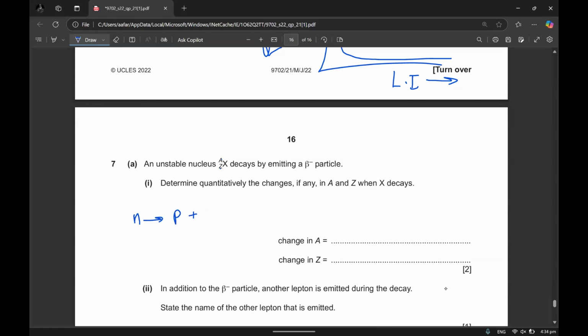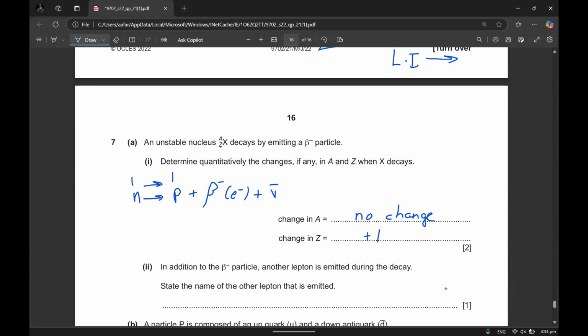This emits an electron and an antineutrino. This is the equation which you have to do. There will be no change in A, since both are nucleons. Basically, one nucleon is converted into another. But the change in Z will be +1 since there is an extra proton.